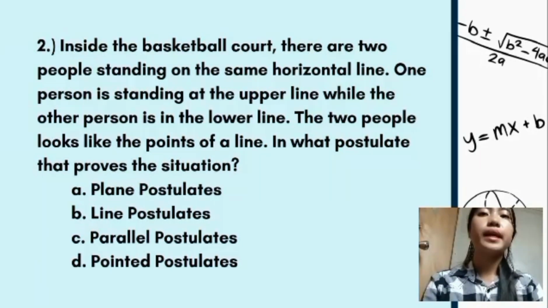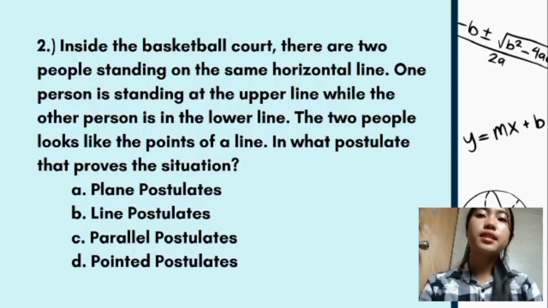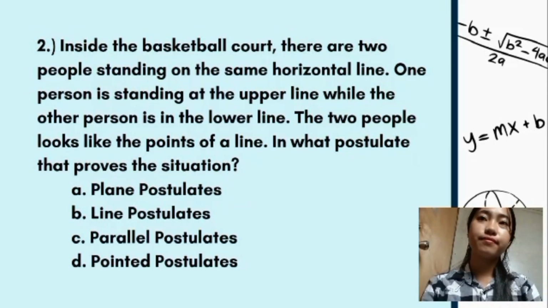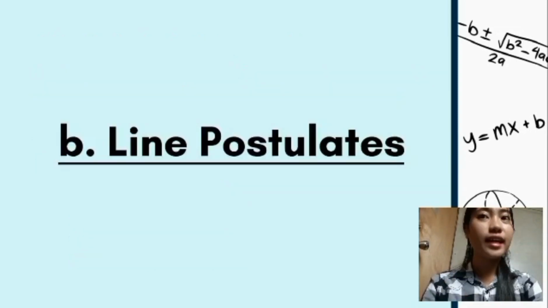Letter A, plane postulate; B, line postulate; C, parallel postulate; and D, pointed postulate. What do you think is the postulate that proves the situation? You're right, it's letter B, line postulate.